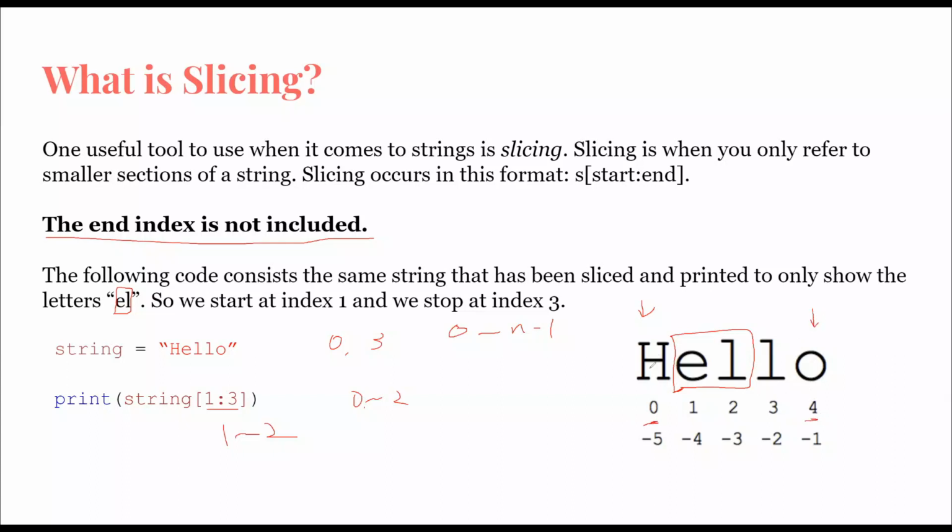The index of the first letter is 0, the second letter is 1, the third letter is 2. Indexing basically means the positioning. The position of the H is index 0, the E is at position 1, L is at position 2, this L is at position 3, and this O is at position 4.